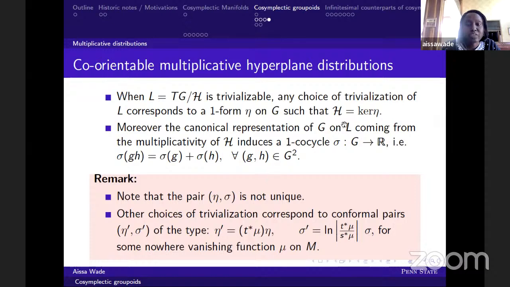If I change my trivialization, the pair changes this way: eta prime is eta multiplied by a function t star of mu, where t is the target map and mu is a nowhere vanishing function. And sigma prime is also a multiple of sigma.